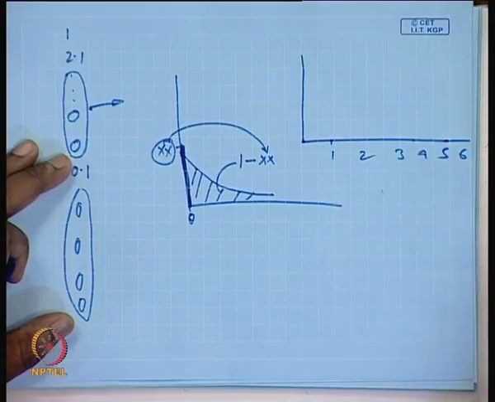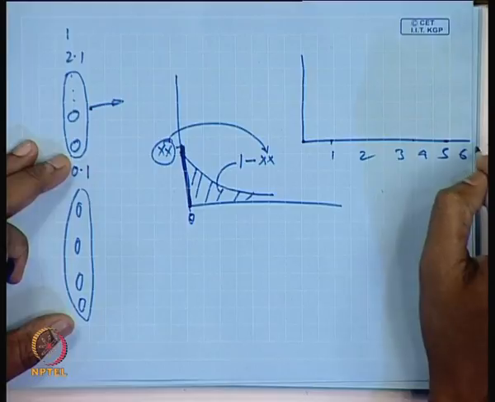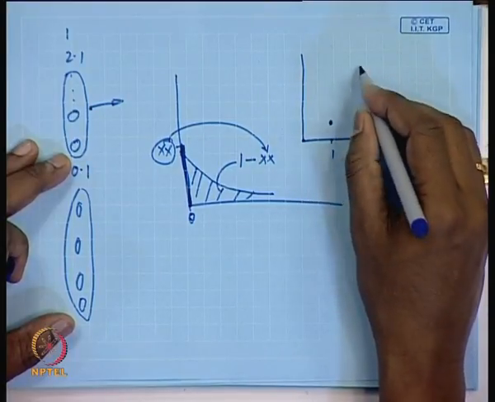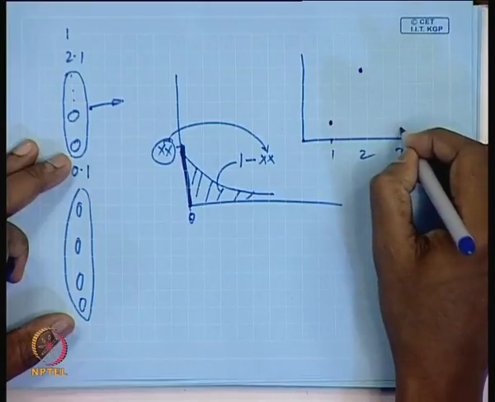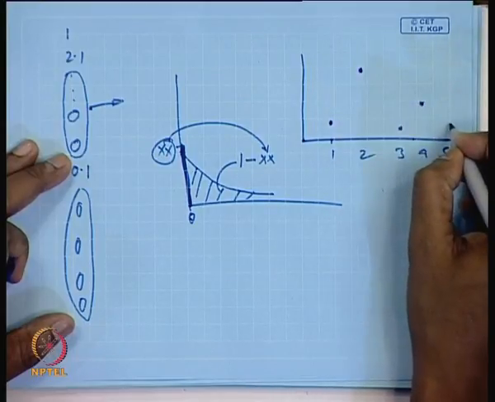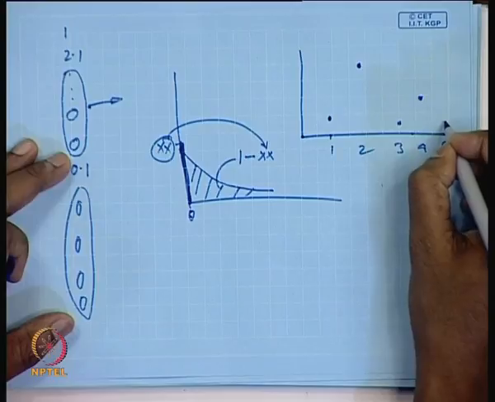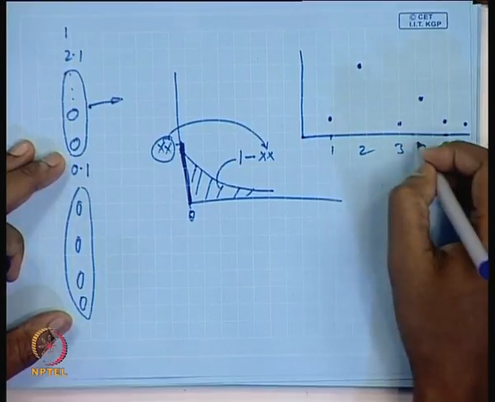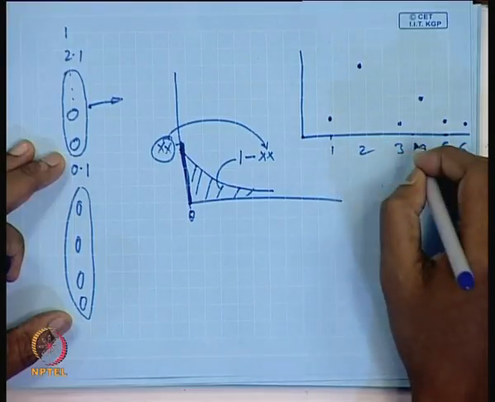Now think of the situation where these outcomes are not equally likely. So the mass is concentrated: for 1 it is here, for 2 it is here, 3 it is here, 4 it is here. If it is like this, then the midpoint of these outcomes may not be the central tendency.